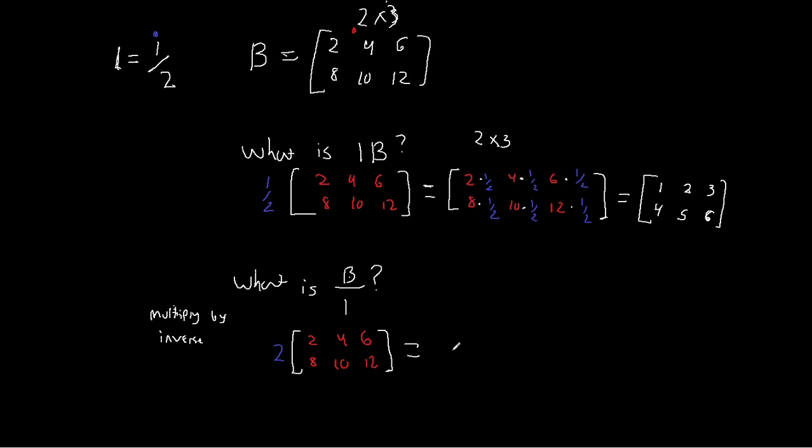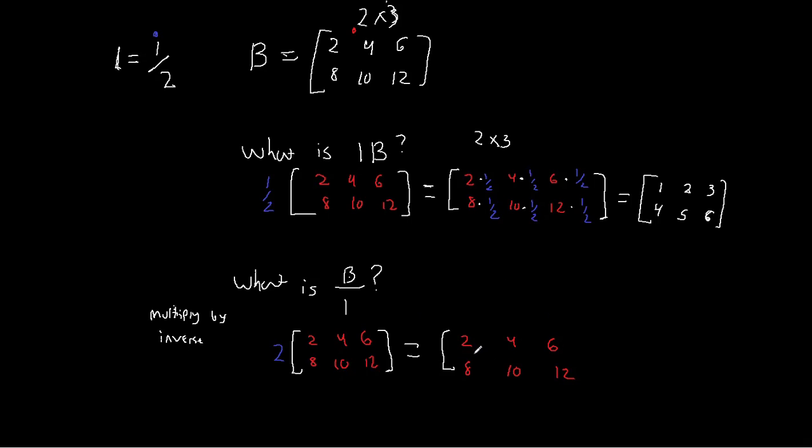So what do we get? Again, we're going to end up with the same 2 by 3 output that we had as the input. So we're going to transfer our values from B: 2, 4, 6, 8, 10, 12.